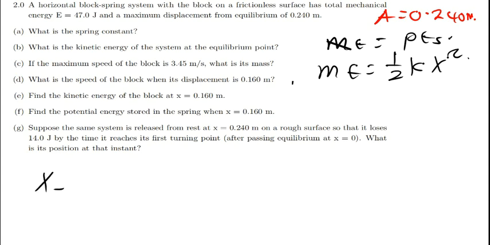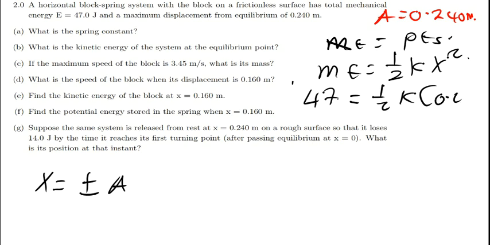So when you stretch the spring to the maximum position, x is equal to plus or minus A. So the mechanical energy, 47 joules, will be equal to half times k, which we don't know, times x, which is 0.24, squared. So 47 will be equal to 0.5, which is the same as half, times 0.24 squared.